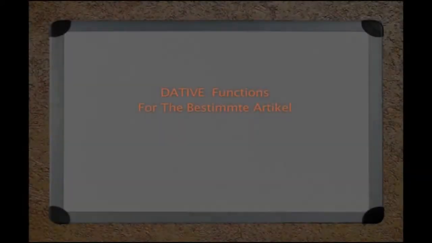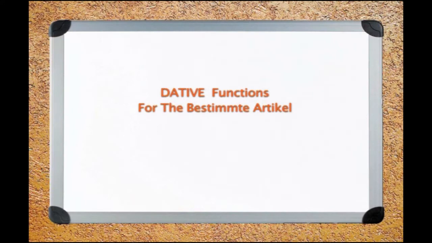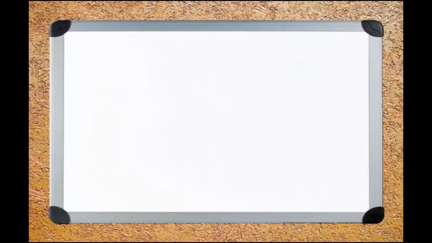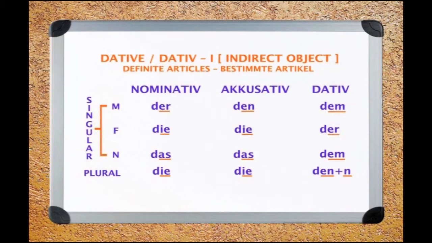Now, let us see how the article is changed in the dative case. Let us look at how dative functions for the bestimmte Artikel, or definite article, in German. You are already familiar with the definite article in nominative and accusative.